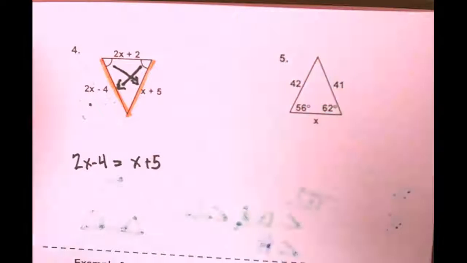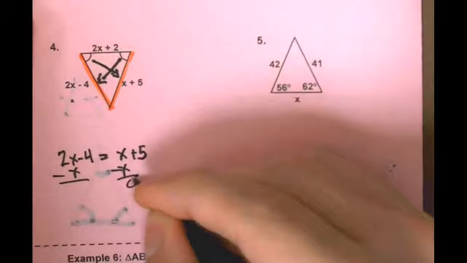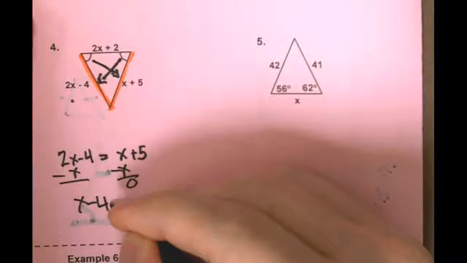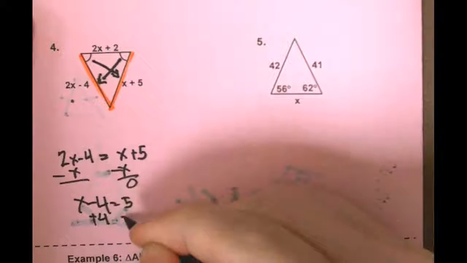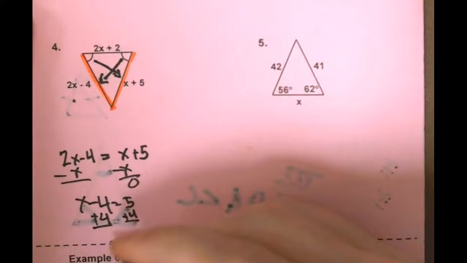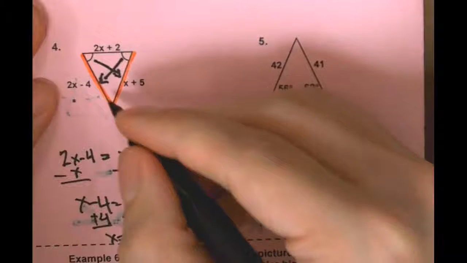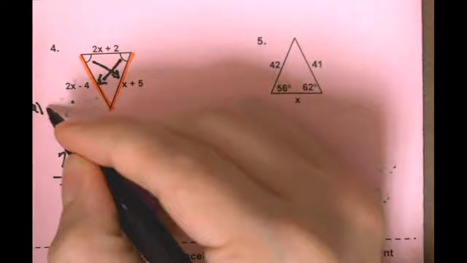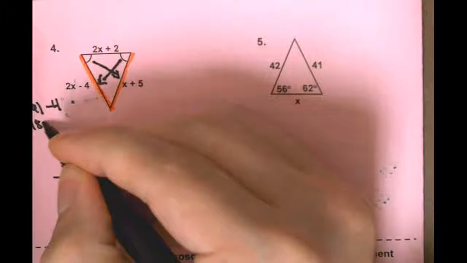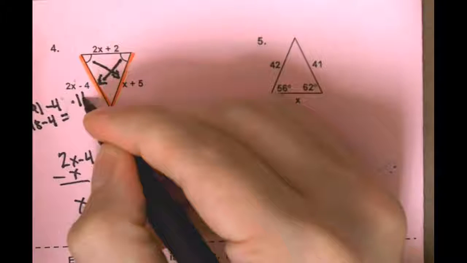Okay. Minus x, we get x minus 4 is equal to 5, plus 4, we get x is equal to 9. Combine here, we have 2 times 9 minus 4, that's 18 minus 4 is 14.